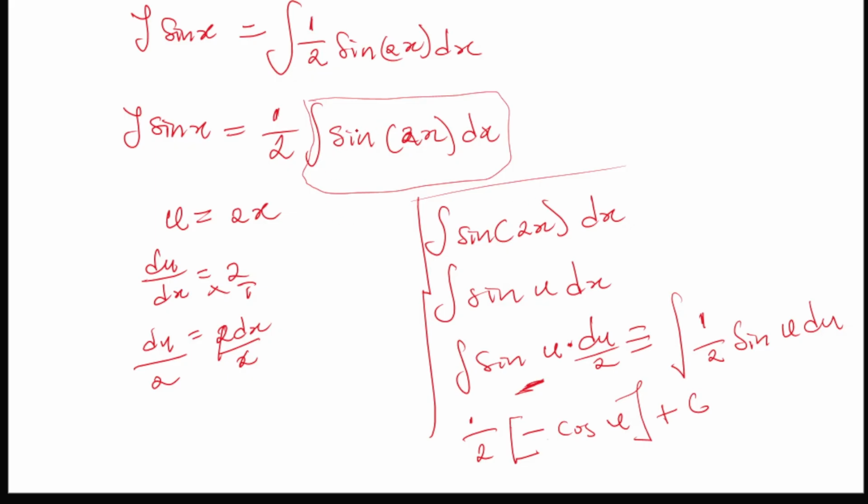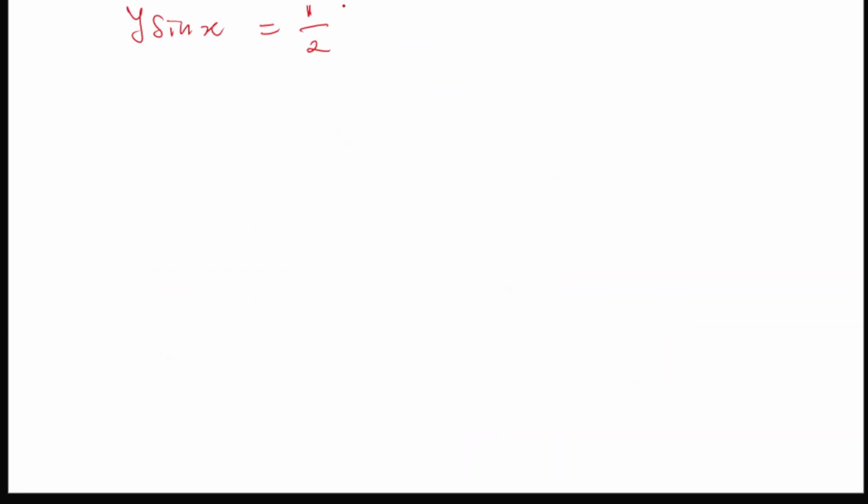And remember, we've already simplified what we have here to be this value. Now, if we do that, remember, we have minus 1 over 2 cos u, right? After cos u, we now have plus c, which is our constant.